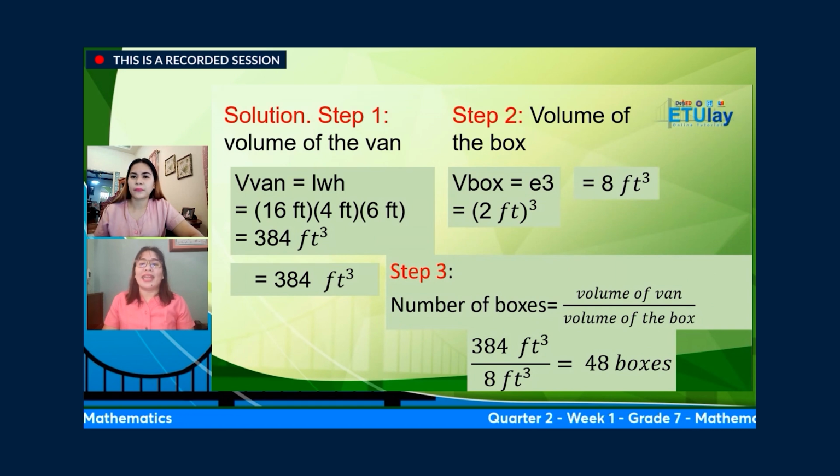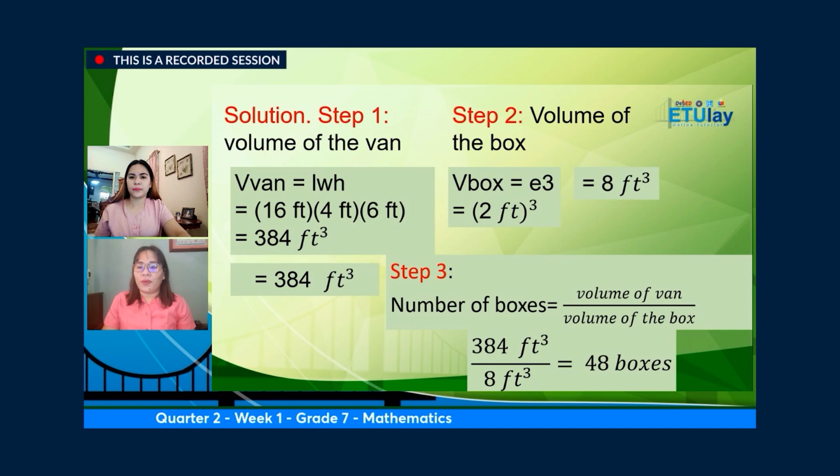There is still another chance. For step 3, number of boxes is equal to volume of van over volume of the box. Substitution, 384 feet cubed over 8 feet cubed. And the answer, 48 boxes.